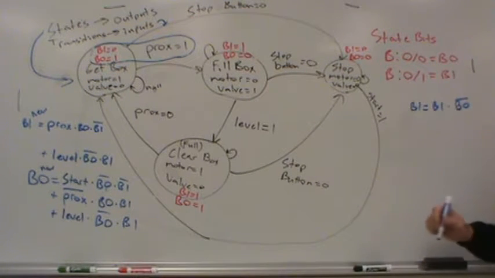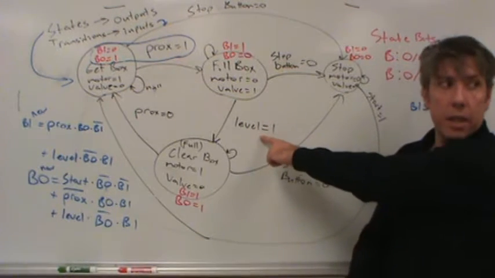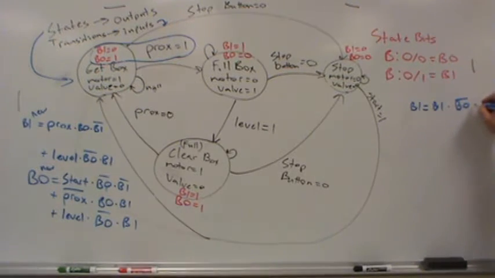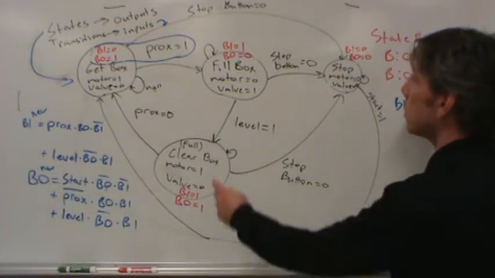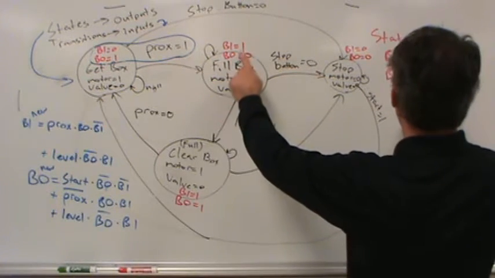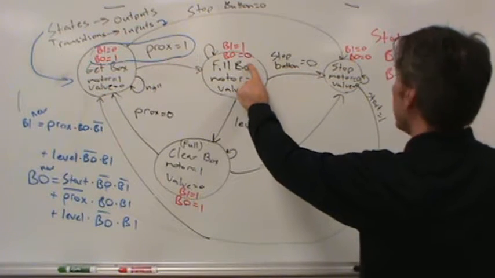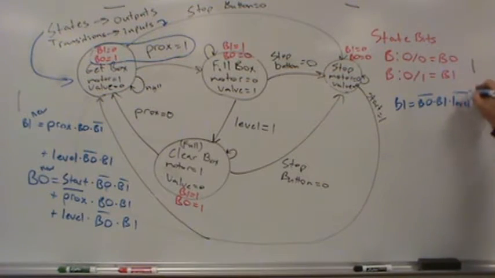But what would the condition be for staying in that state? Well, the opposite of getting out of the state, right? So, hope this is not off the video. In fact, I know it is, so let me move this over. B1 equals, let me put it in the right order, not B0 and B1, and not level.